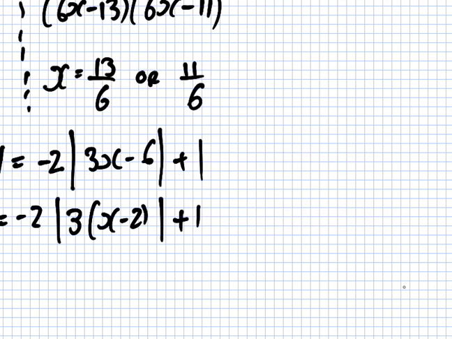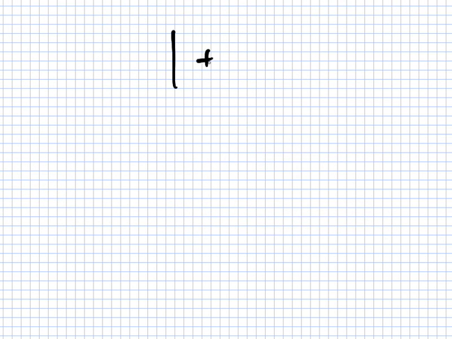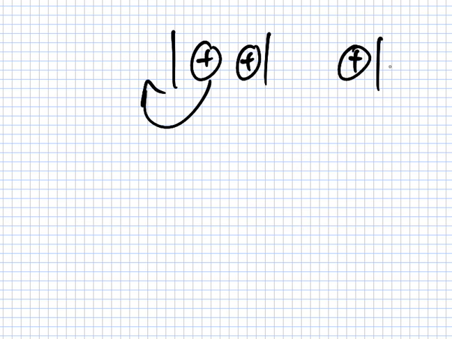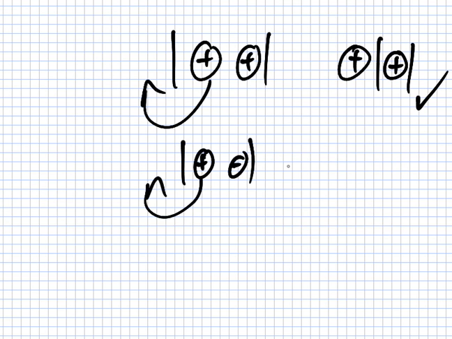If you have a positive and I take this out, I have positive multiplied by positive, and this is still the same. If you have a negative, and I take this out, I have positive multiplied by negative, but the modulus makes it positive, so it's positive. It's the same thing, it's fine.